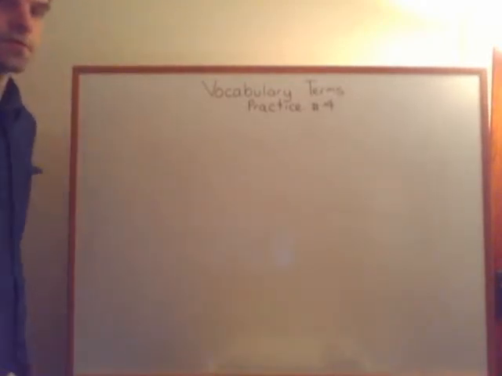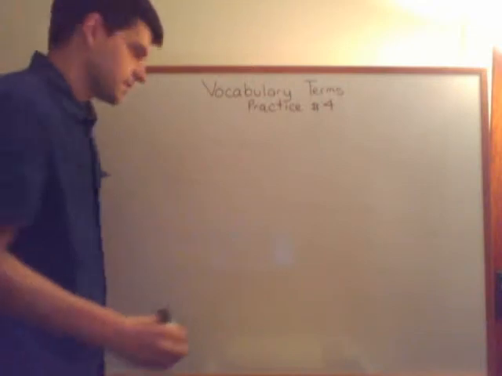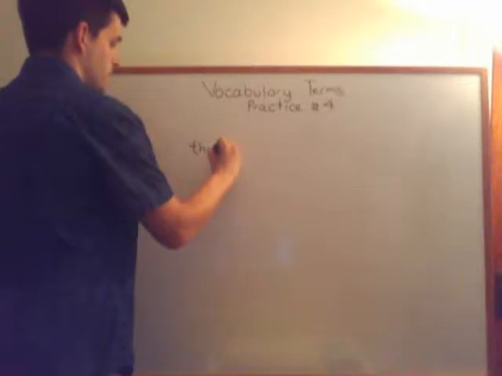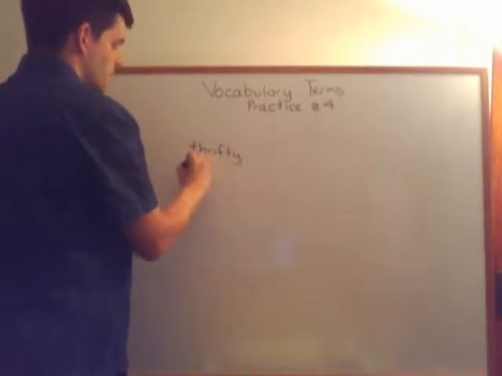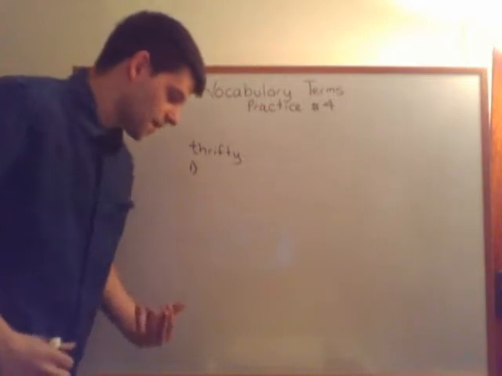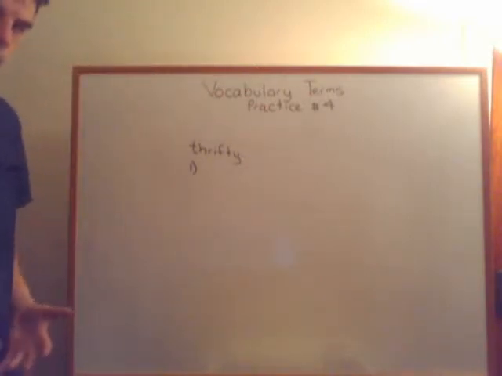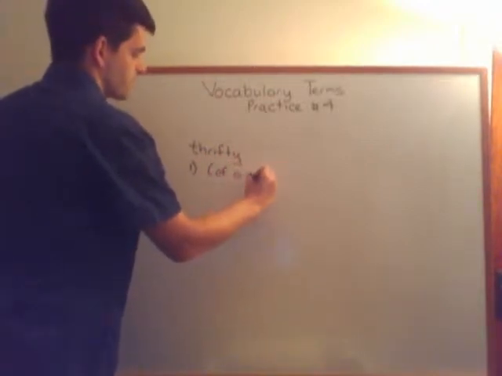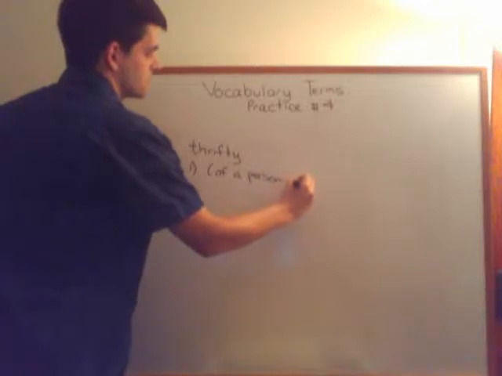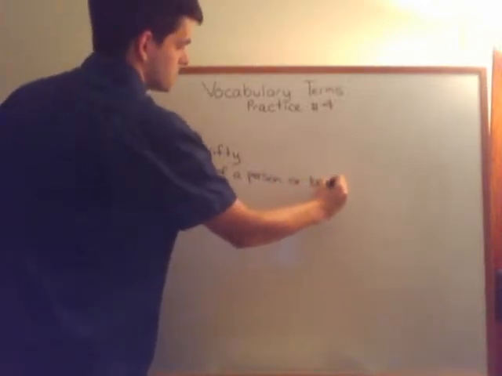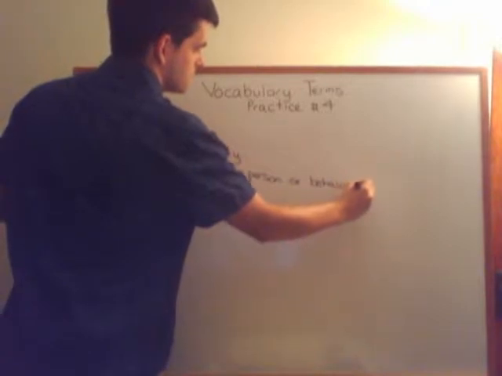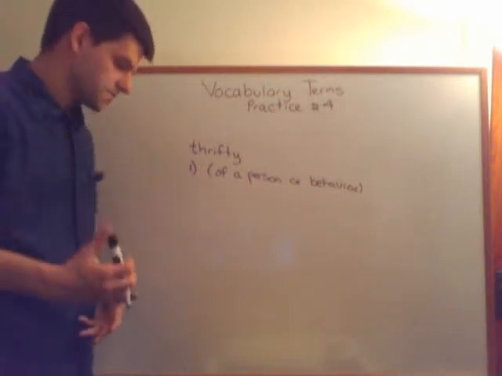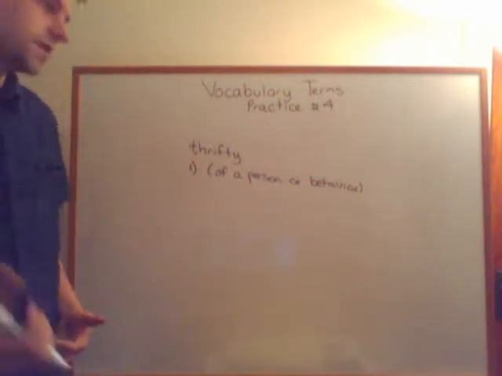Our next word is also a double meaning word, and our next word is the word thrifty. And thrifty is spelled T-H-R-I-F-T-Y. The primary definition of thrifty is describing a person or a behavior. So it's of a person or behavior, and it's using other resources as well as money carefully and not wastefully.